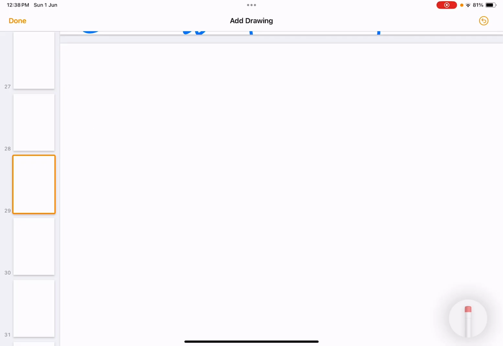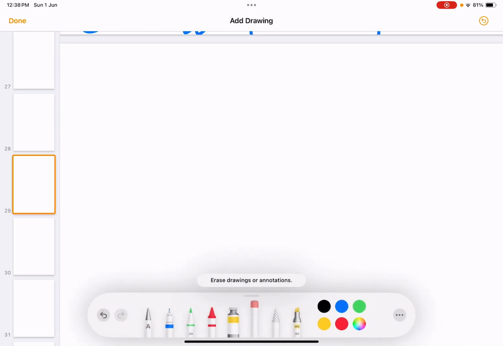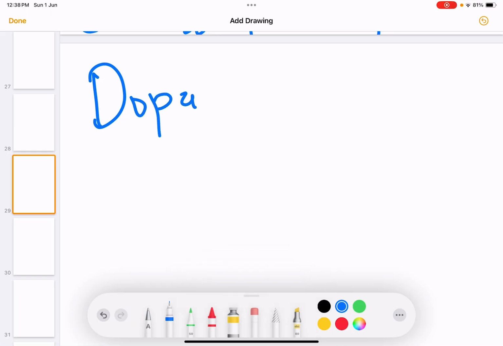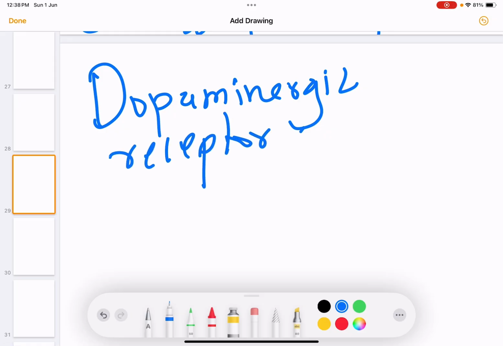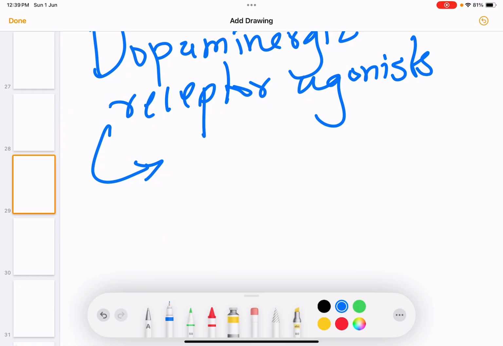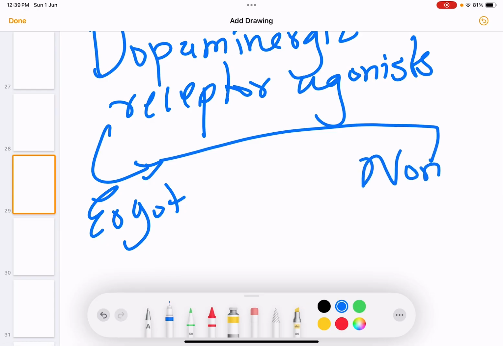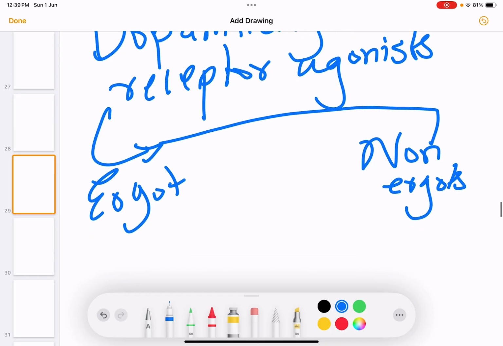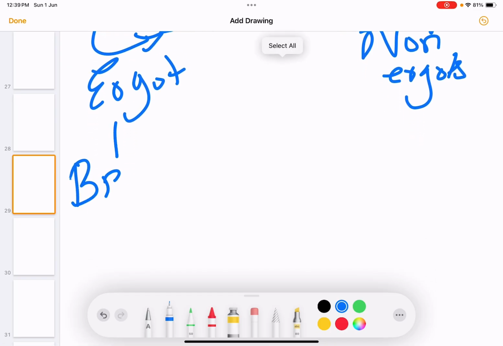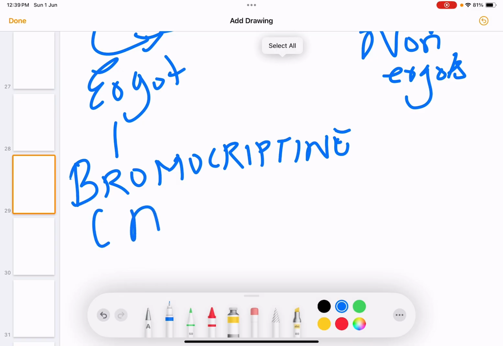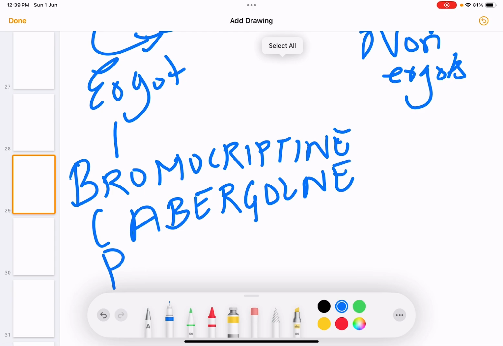Now we will discuss dopaminergic receptor agonists. These can be ergot or non-ergot. The ergots are bromocriptine, cabergoline, and pergolide.